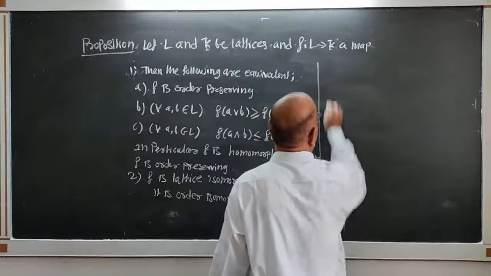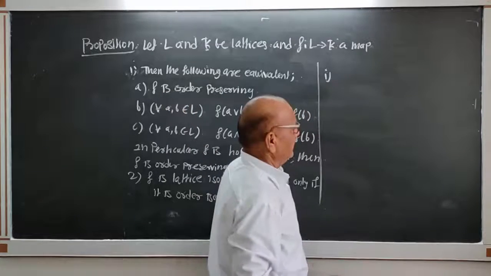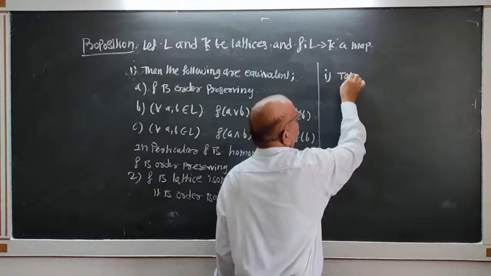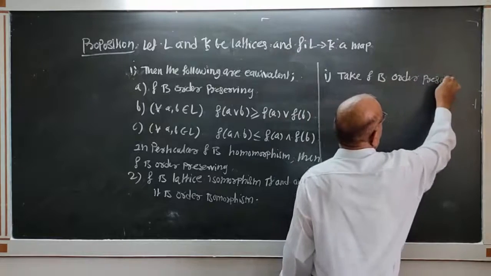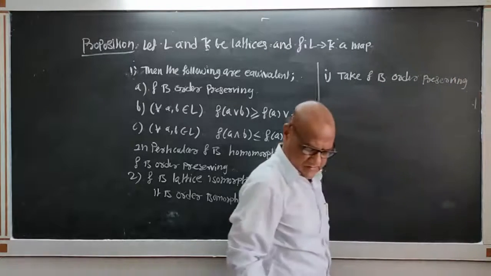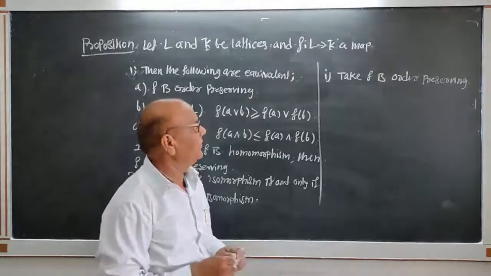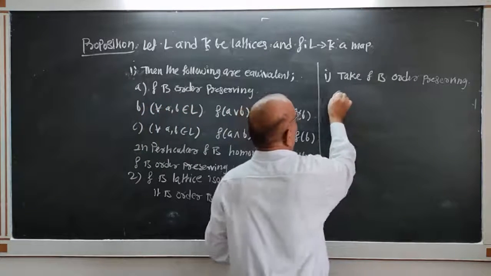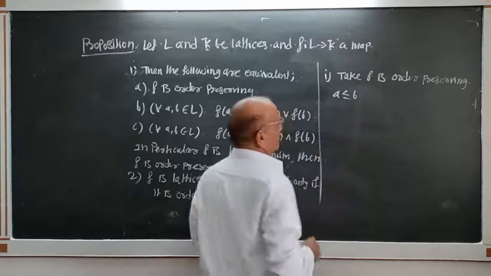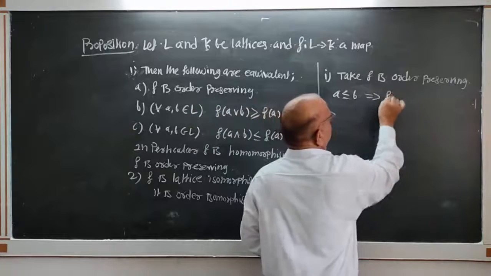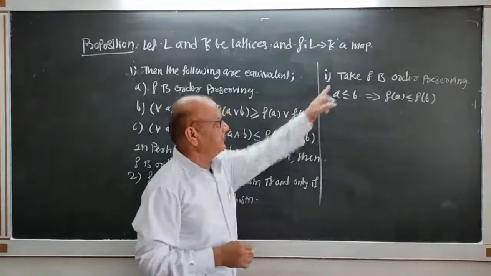Now take F order preserving. That means a related to b implies f of a related to f of b; this is given.